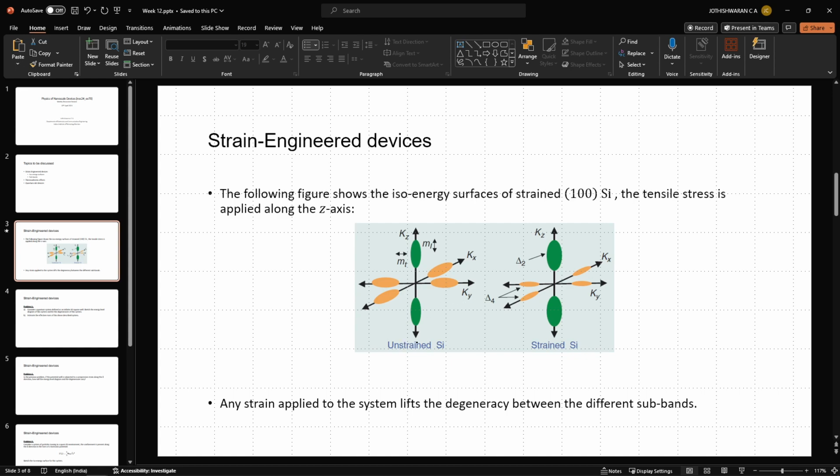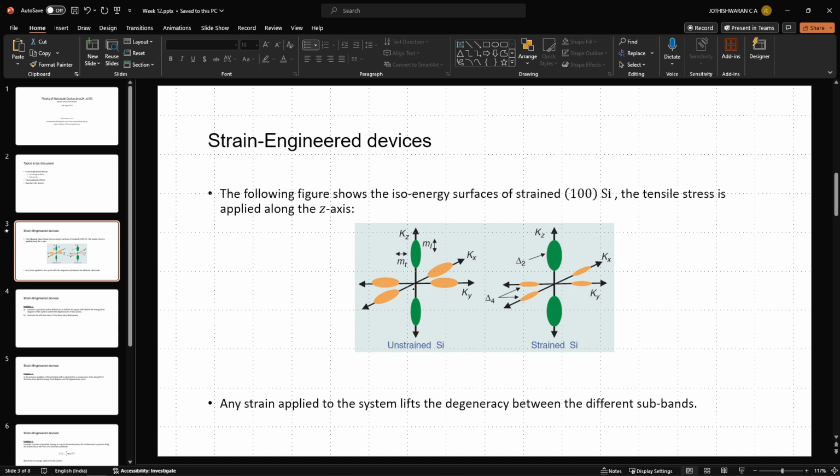What needs to be remembered is this. Before any strain was applied, these are essentially ellipsoids, and each of these ellipsoids is degenerate before any kind of strain is applied.